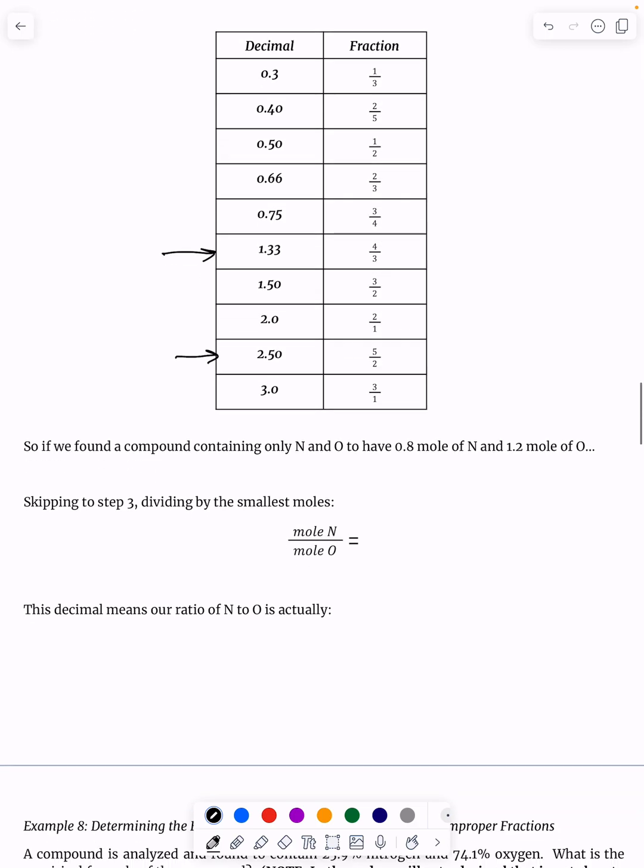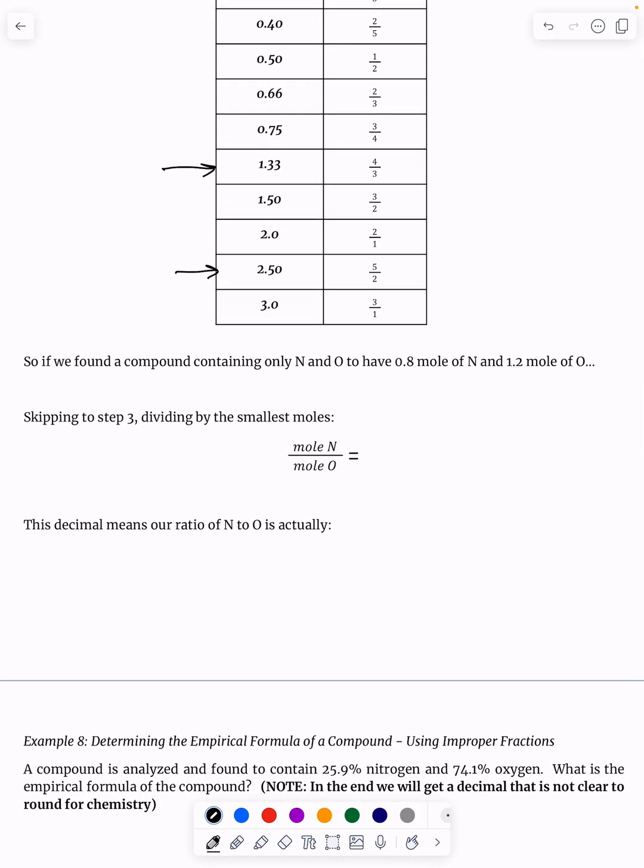So for example, if we found a compound containing only N and O to have 0.8 moles of N and 1.2 moles of O, let's skip to step 3. Let's divide by the smallest moles.